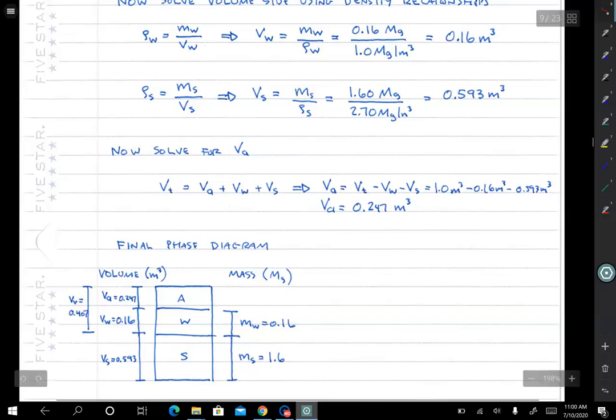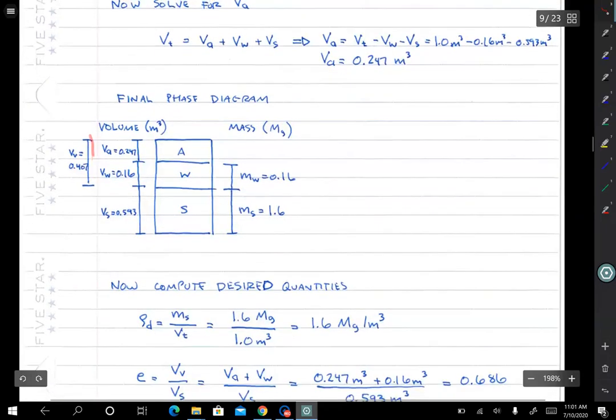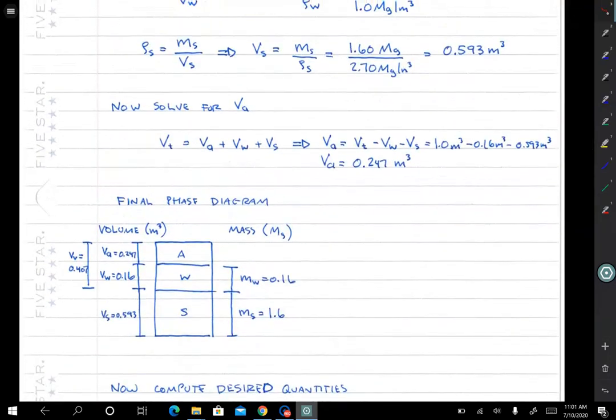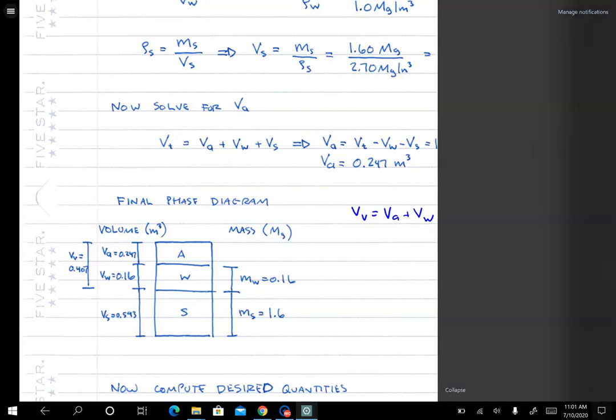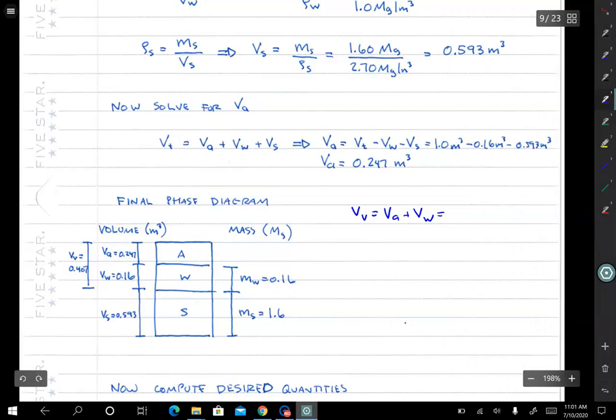And then I've also done here the volume of voids. I don't think I have it written out. Let me write that out here. Volume of voids is equal to the volume of air plus the volume of water, which is equal to 0.247 meters cubed plus 0.16 meters cubed.